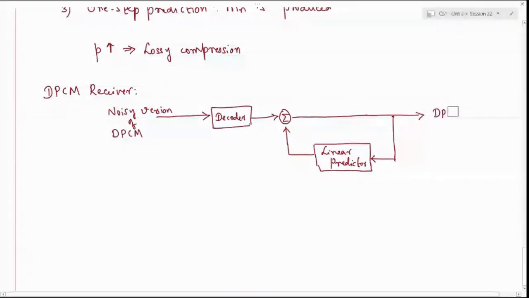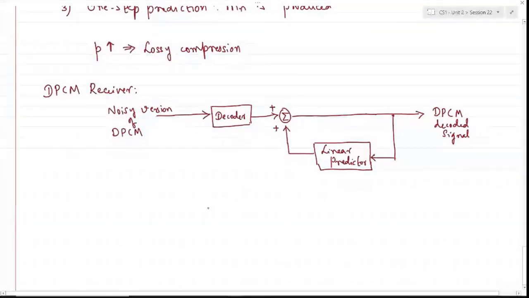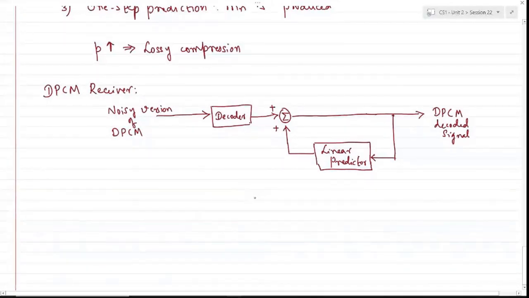Okay, so finally you will get a DPCM decoded signal. That's how the process works in the receiver, which is the exact opposite of the transmitter end. So that's how I can summarize a slightly modified version of our original PCM signal.